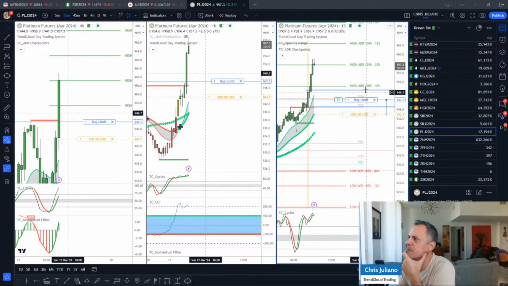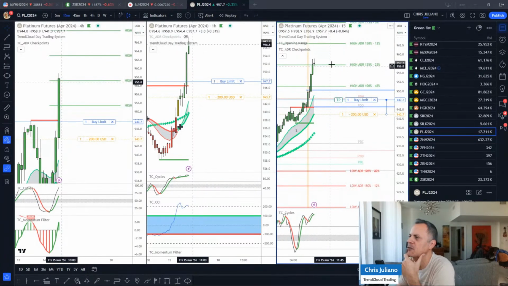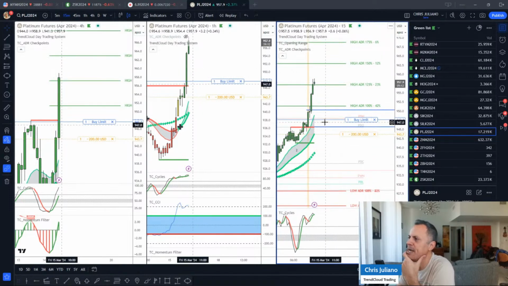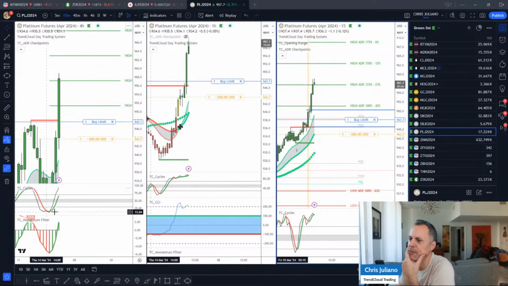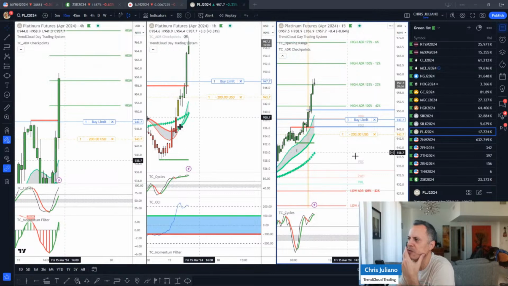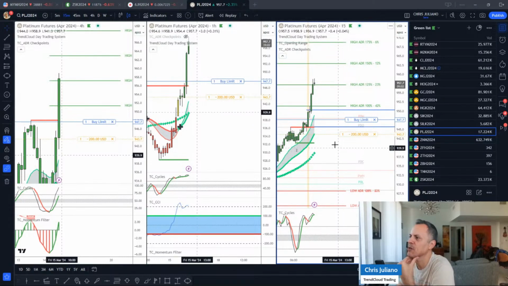It's probably not going to go any higher today. If it pulls back, it probably will just go sideways. But we've got everything with us on that trade.